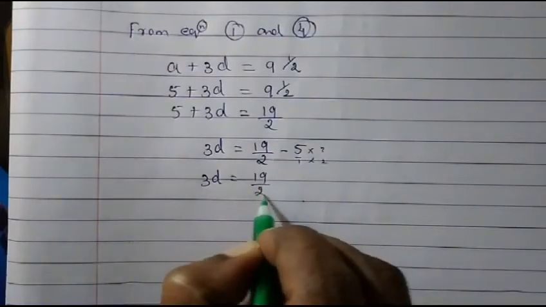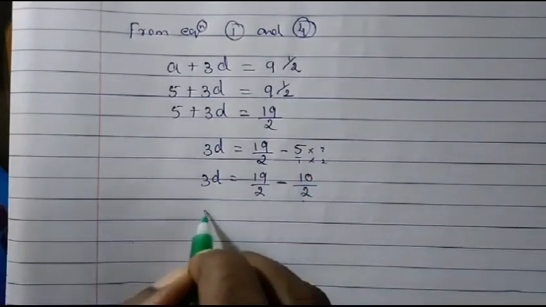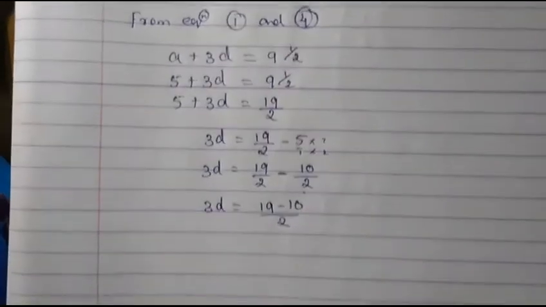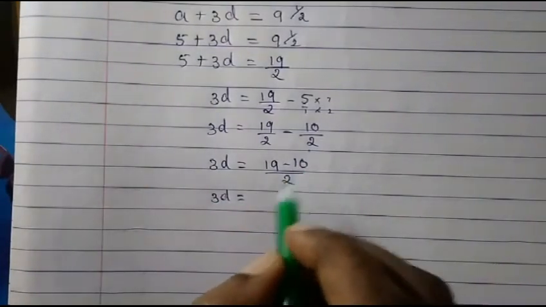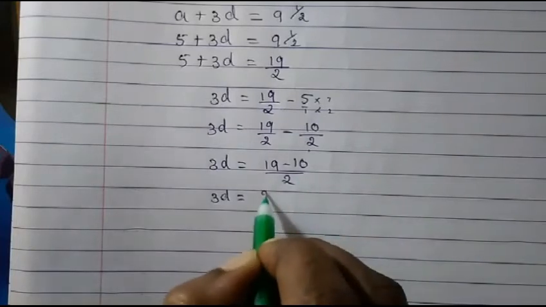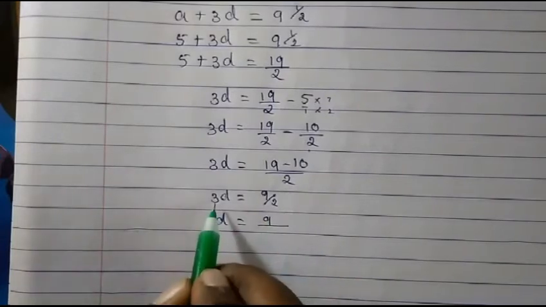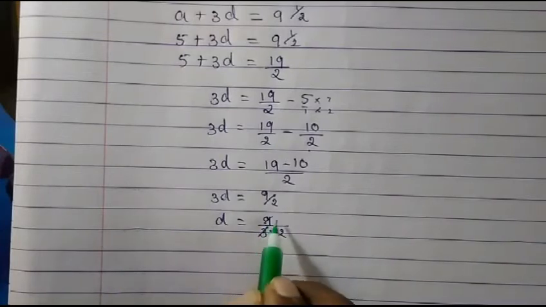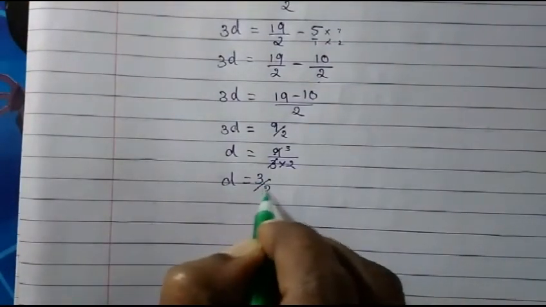So 19 upon 2 minus 5 2s are 10, upon 2. Now 3D equal to 19 minus 10 upon 2, which will give us 9 by 2. Then D equal to 9 by 2 by 3. Here you see 3 is in multiplication, so when it comes here, it will become division. So you divide 9 by 3 times 2. That means the D value we are getting is 3 upon 2.